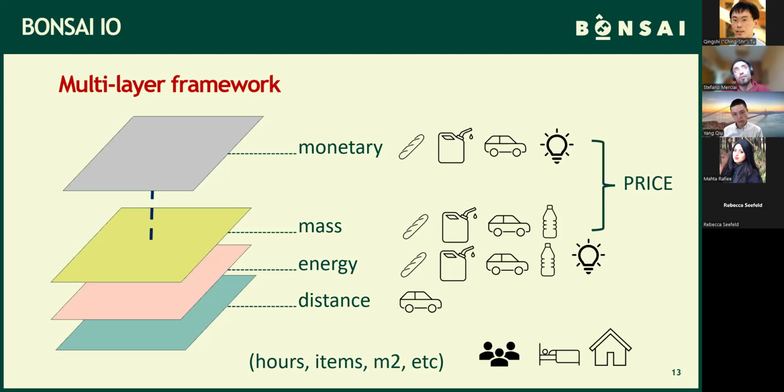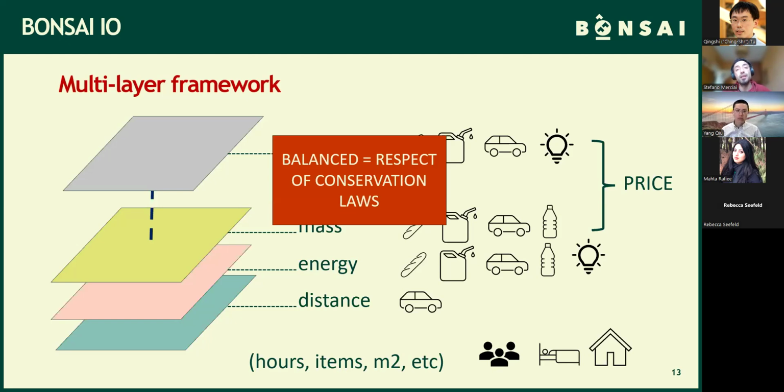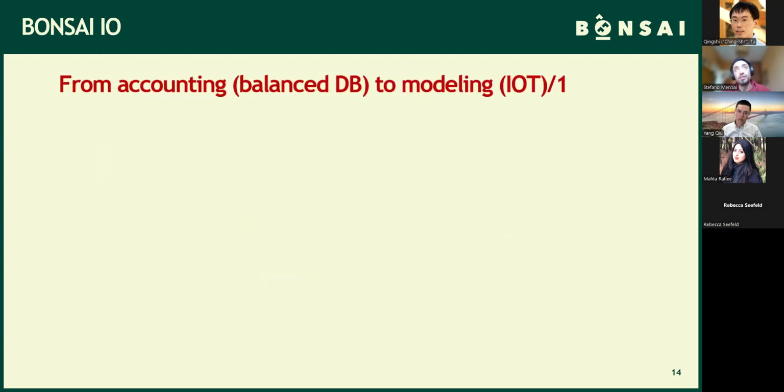To move from one layer to the other, we can use conversion factors, for example price to move from mass to the monetary layer, or calorific values to move from energy to mass, and so forth. And because we are an input-output framework, it is very important that everything is balanced. Each flow of each layer, because it's accounted in one unit, is balanced, so that we can respect the conservation laws.